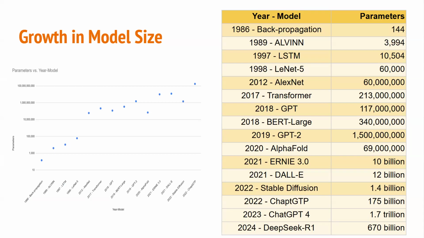And now we're regularly training models with billions, even trillions, of connections, or what we call parameters.